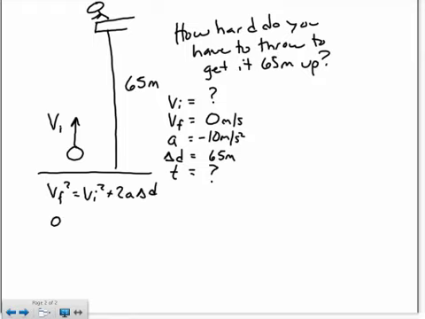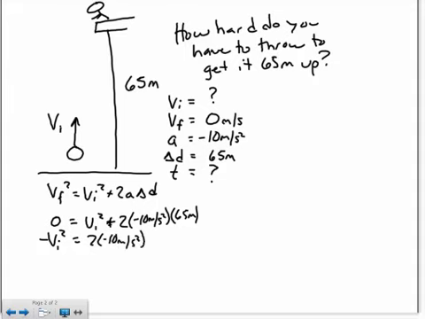Final velocity is 0. Initial velocity squared plus 2 times negative 10 meters per second squared times the change in position, 65 meters. Move that over. Negative VI squared equals 2 times negative 10 meters per second squared times 65 meters.